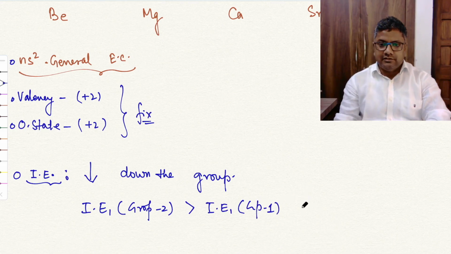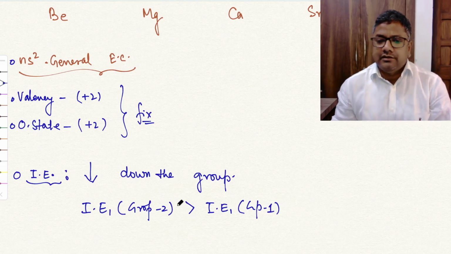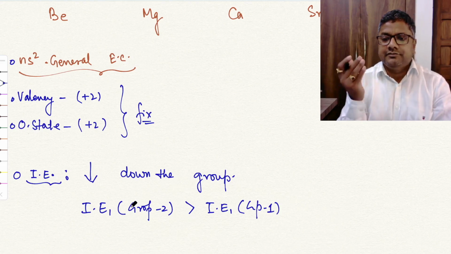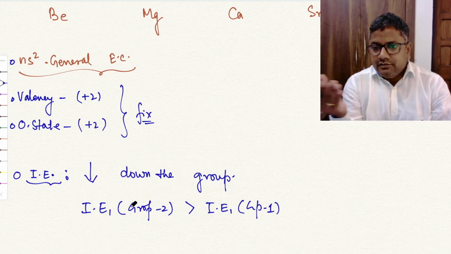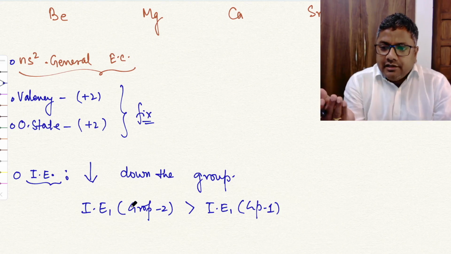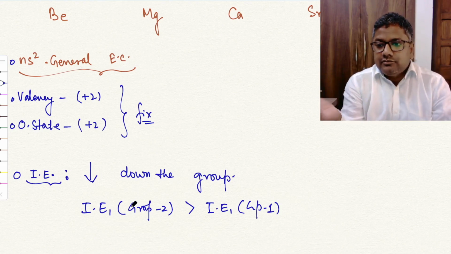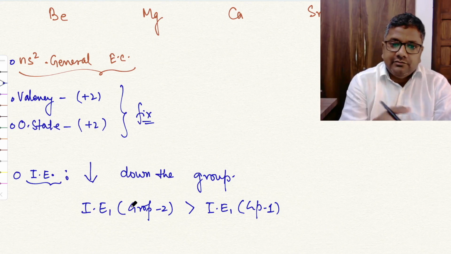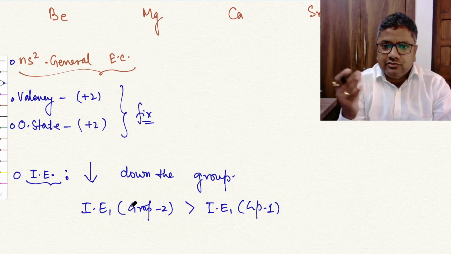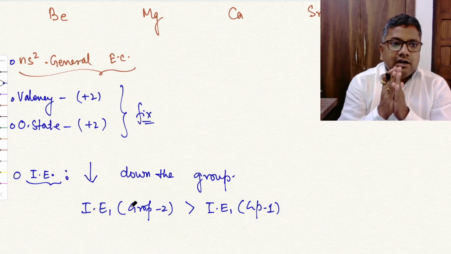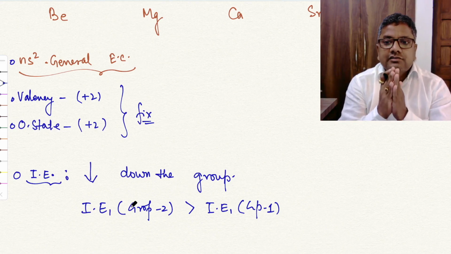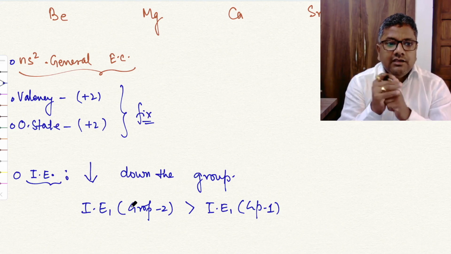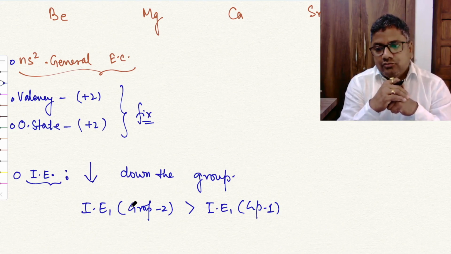Compare lithium with beryllium, sodium with magnesium, in the same period. So IE1 of group 1 metals is smaller than IE1 of group 2, right?